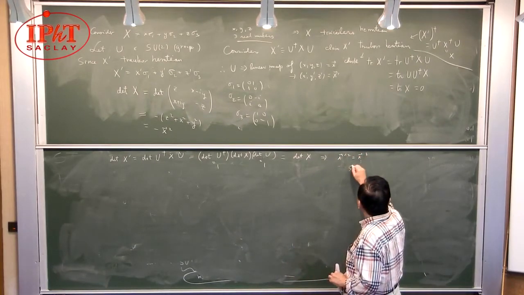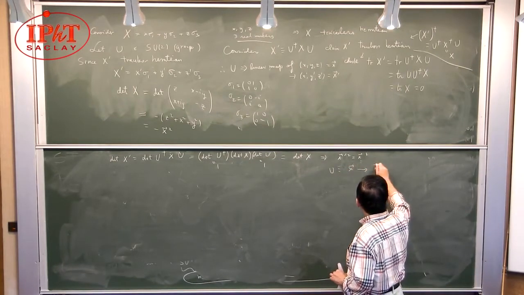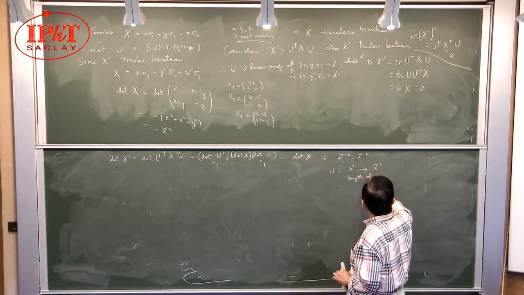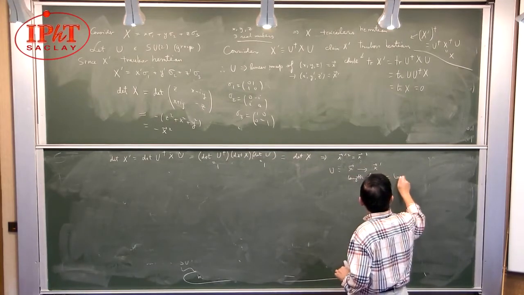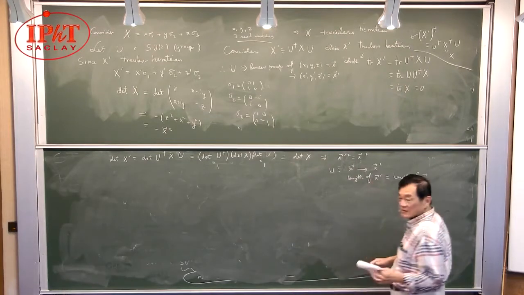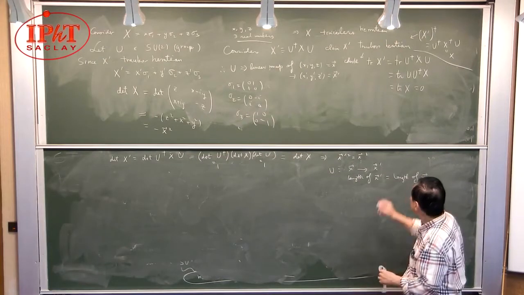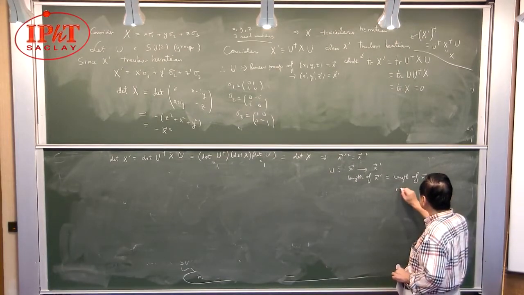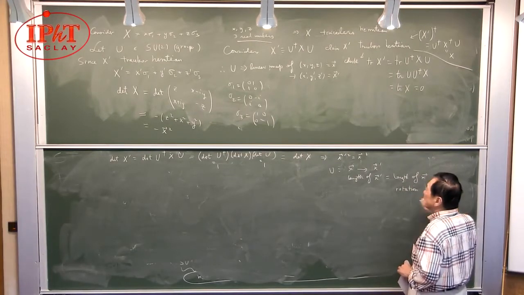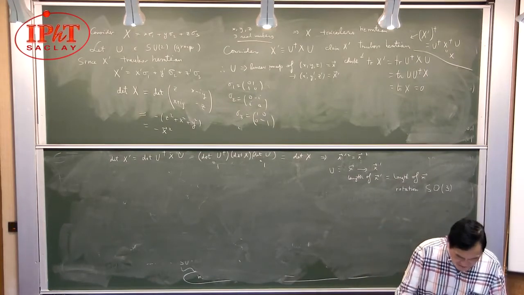So U defines a map of X into X prime, and the length of X prime is equal to the length of X. So it maps any vector into another vector, preserving the length. So this is in fact a rotation, SO3. So for every U, there corresponds a rotation.